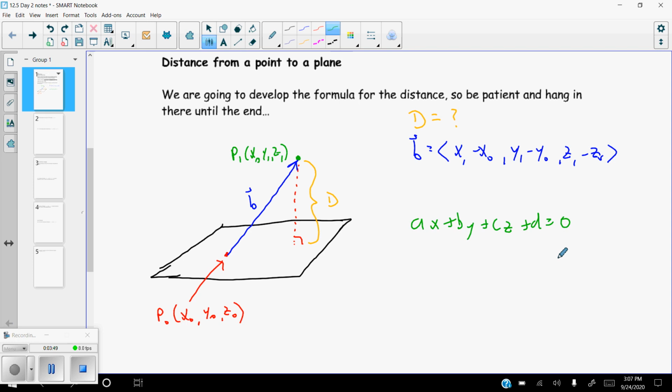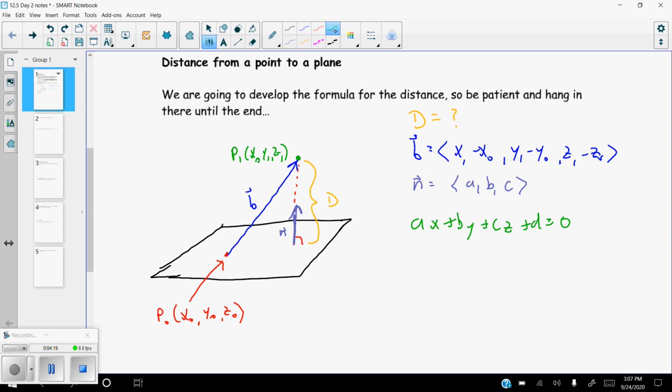I also know that coming perpendicular to the plane is a normal vector. We'll call that N, and we know that the normal vector is the vector A, B, C. And that comes right from that equation of a plane that we developed.